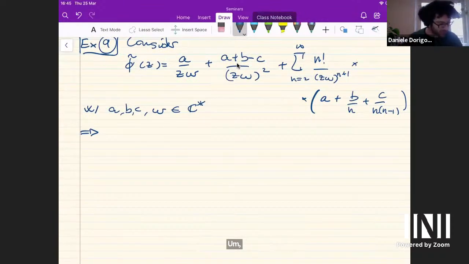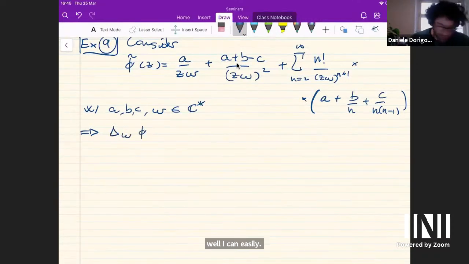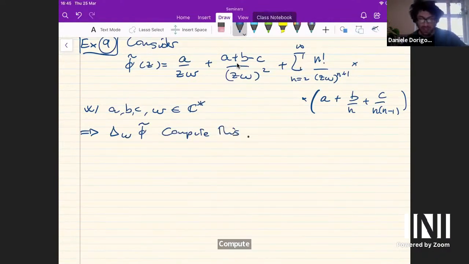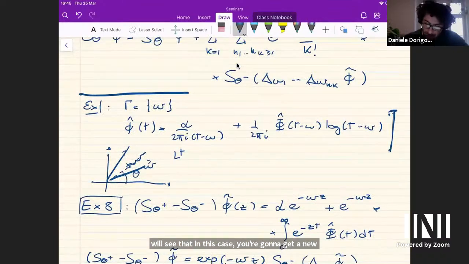What I wrote in my notes is false, so I can easily compute this one instead of telling you what it is. What I wrote is incorrect. Compute this. You will see that in this case, you're going to get an expression of this form with a very well-defined minor.